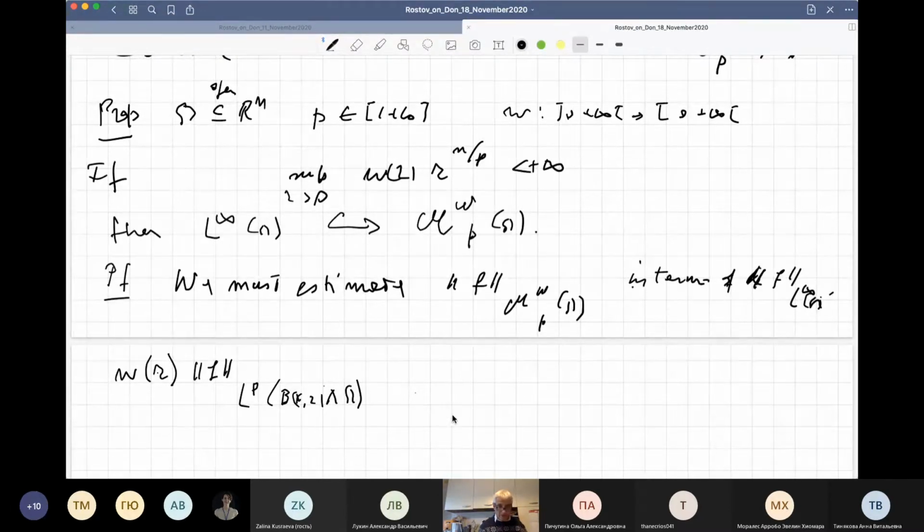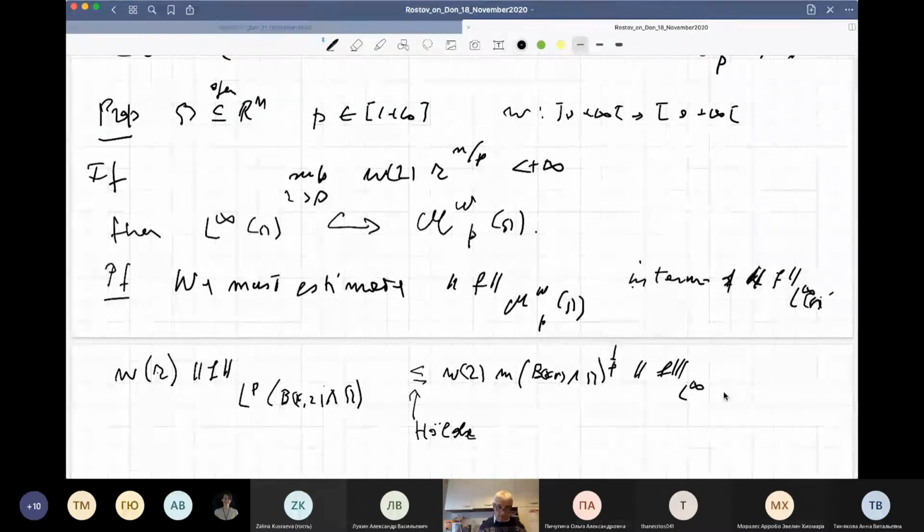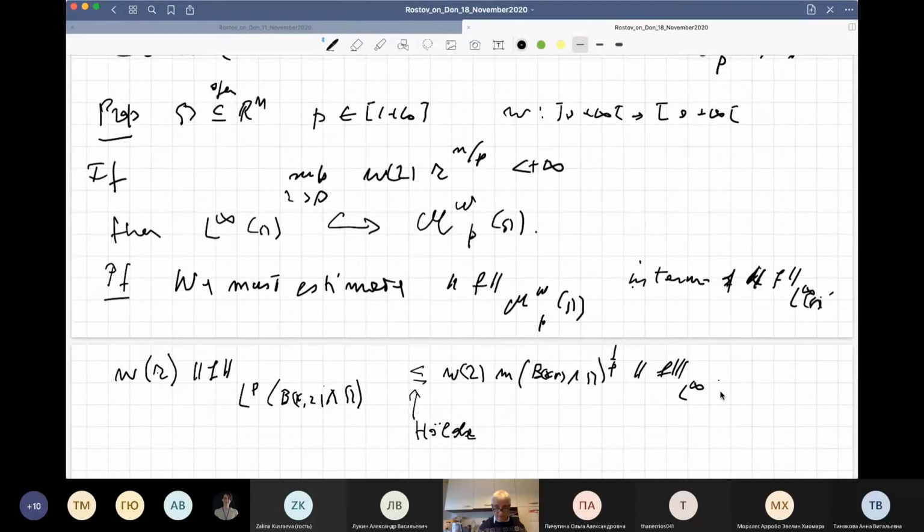And I use Hölder in the first step. Because I have the important information that we have an L infinity function. So WR, I want to exploit the information that for XR intersection omega, 1 would be times the infinity norm. And here I could, if I wanted, write the intersection, but I write something bigger.